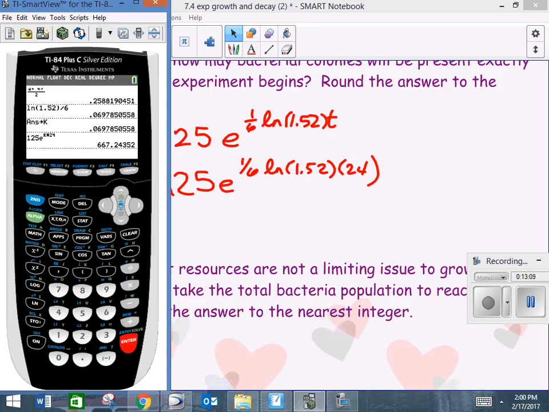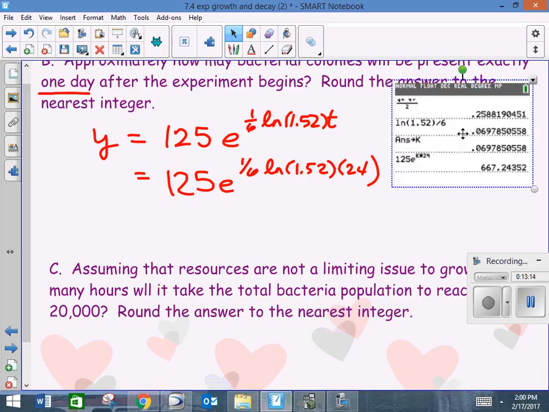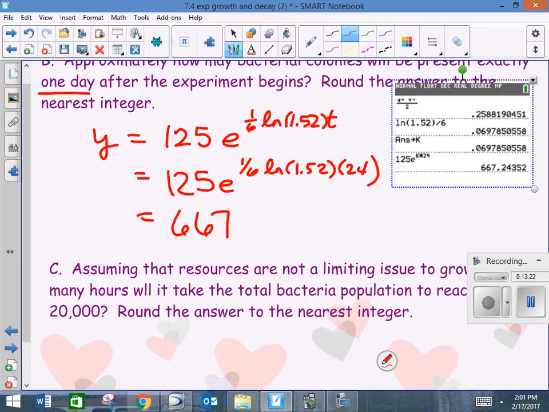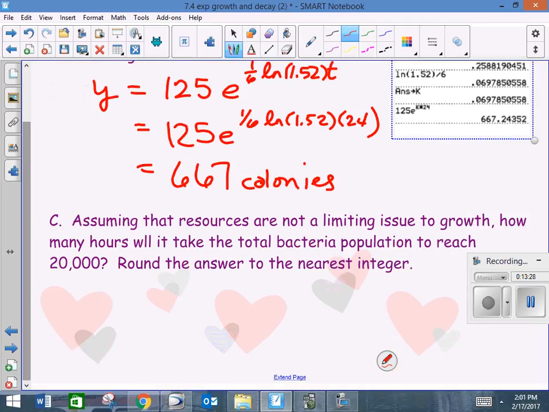Okay, so what did you get? All right. And it says round the answer to the nearest integer, so that would be 667 colonies, right? All right. Assuming that resources are a non-limiting issue to growth.